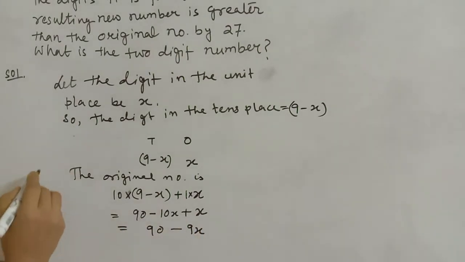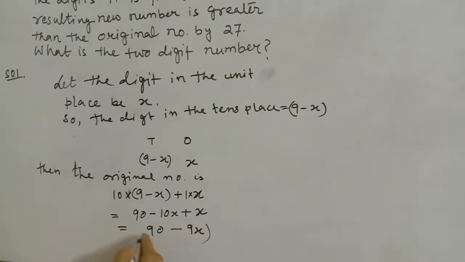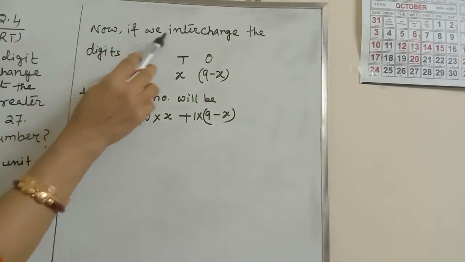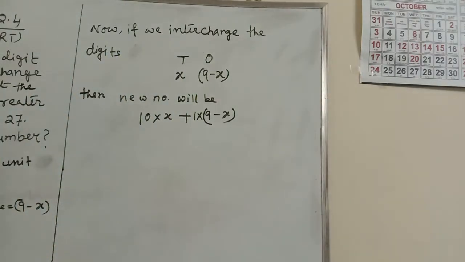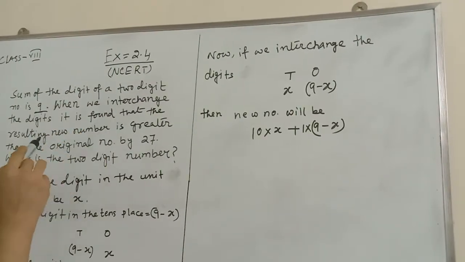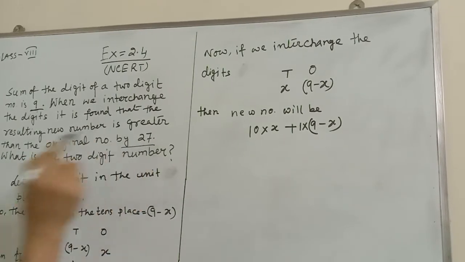So the original number is 90 minus 9x. Now if we interchange the digits, as it is in the question also, it is found that the resulting new number is greater than the original number by 27.